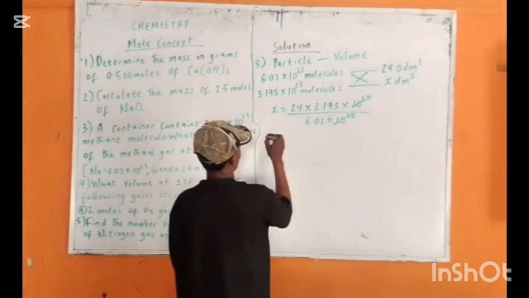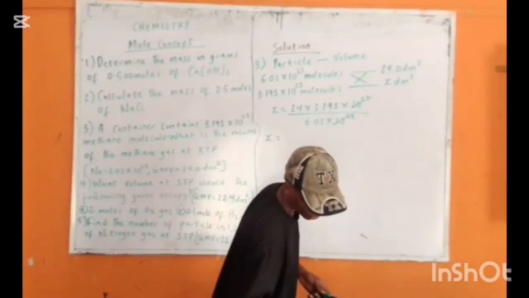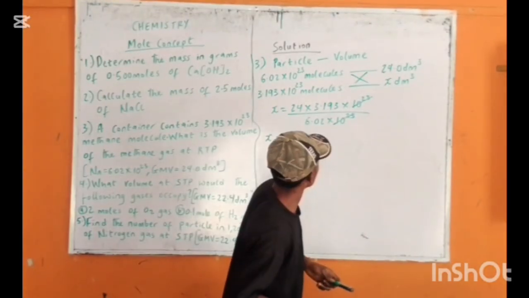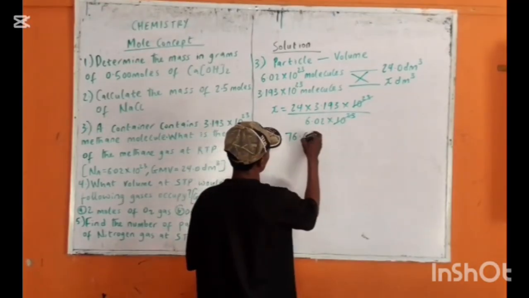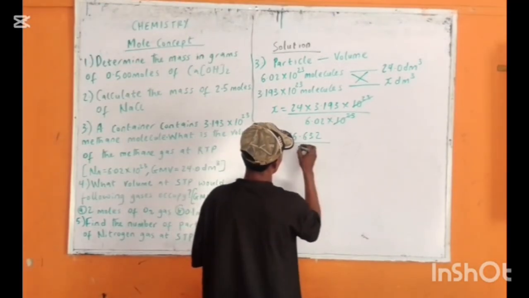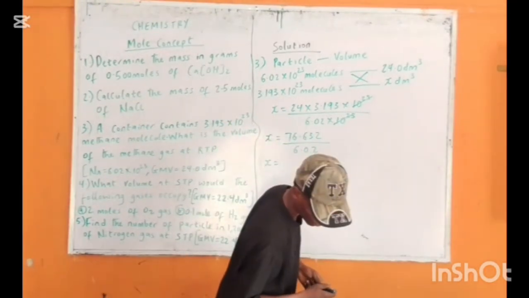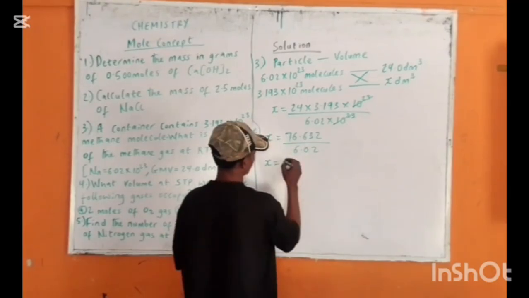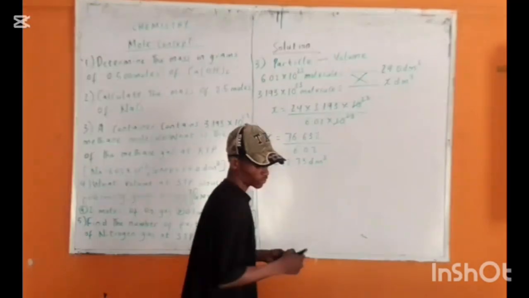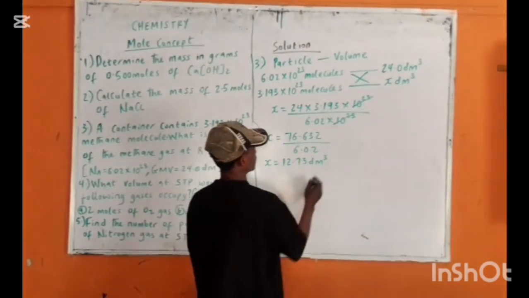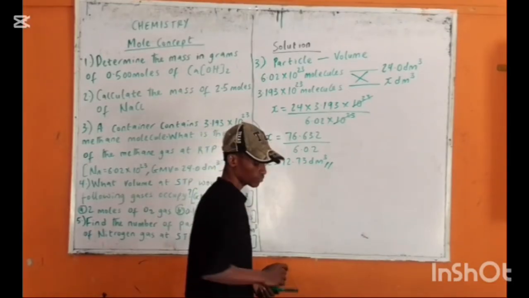So X equals, when we multiply these two, 24 multiplied by 3.193, so you have 76.632 divided by 6.02. So our X equals 12.73 dm cube. That is our final answer for number 3.